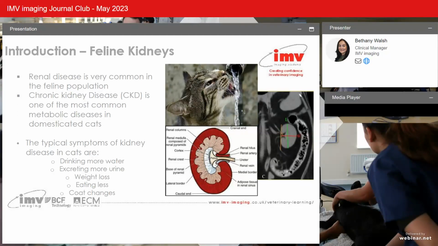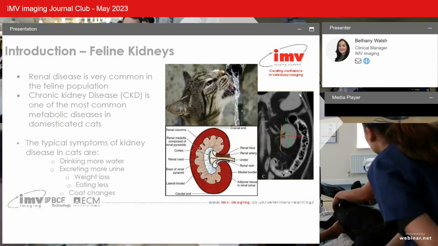Kidney disease is very common in the feline population due to their diet because they are obligate carnivores. Their diet contains a large amount of protein, and removing the waste products of protein digestion over time is hard work for the kidneys and can cause degeneration.